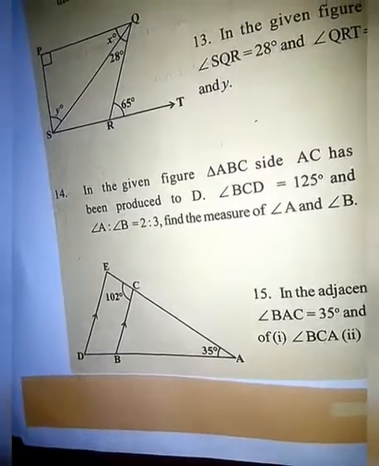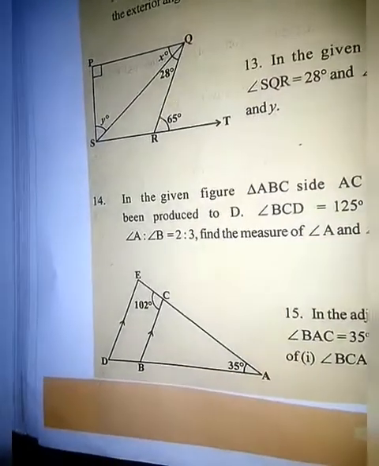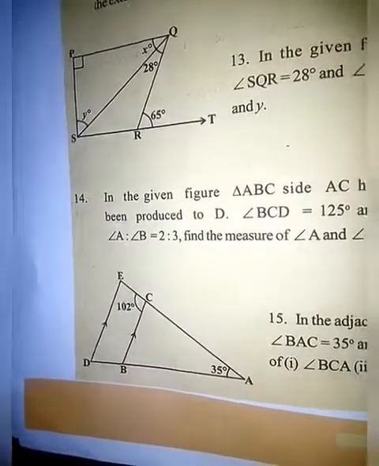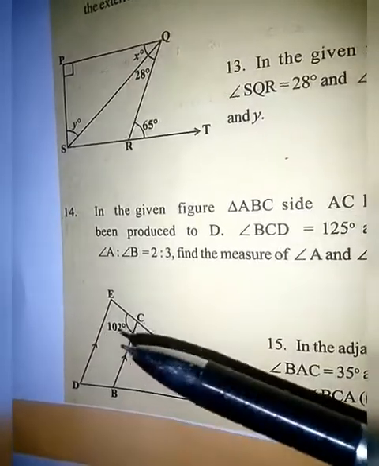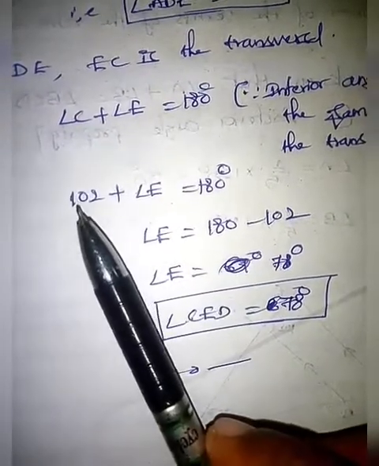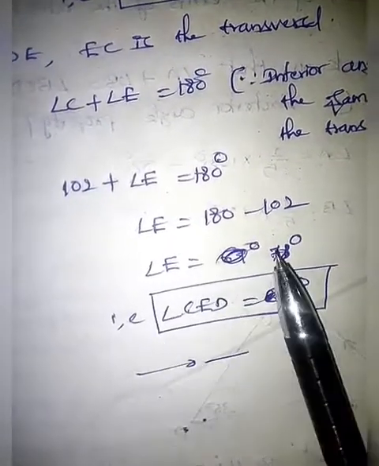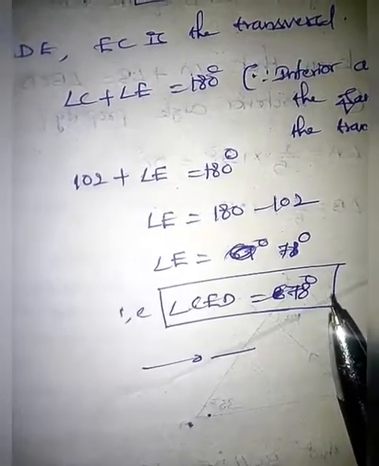You know that when two parallel lines are intersected by the transversal, the sum of the interior angles on the same side of the transversal is 180 degrees. That's why here 102 plus angle E equals 180. If you subtract 102 from 180, the answer will be 78 degrees. Therefore angle CED equals 78 degrees.